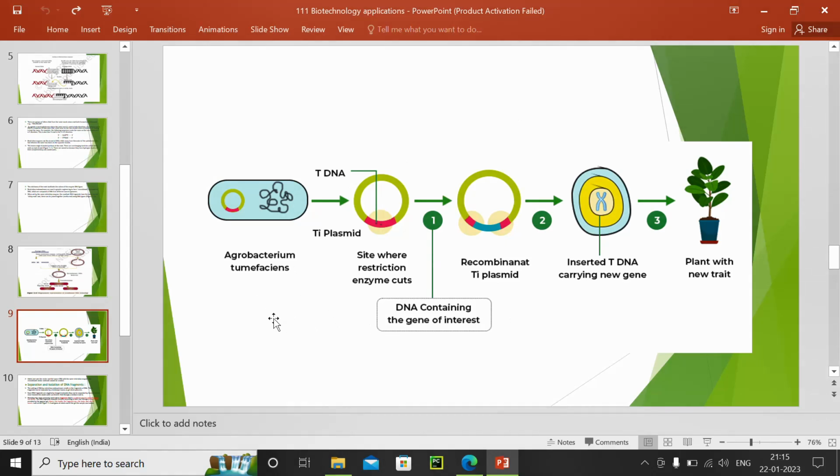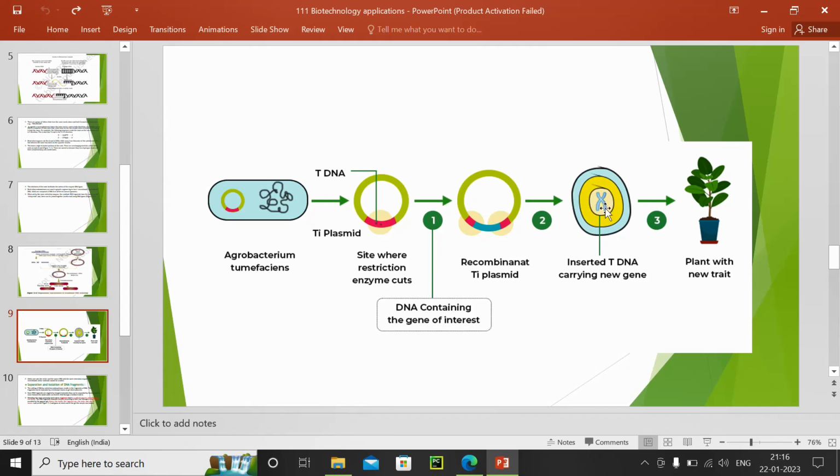So in case of Agrobacterium tumefaciens infection, what happens? The T-DNA of the Ti plasmid gets recognized. After that, the recombinant Ti plasmid is formed, and this recombinant DNA is transferred or injected into the plant cell at a particular chromosomal location.